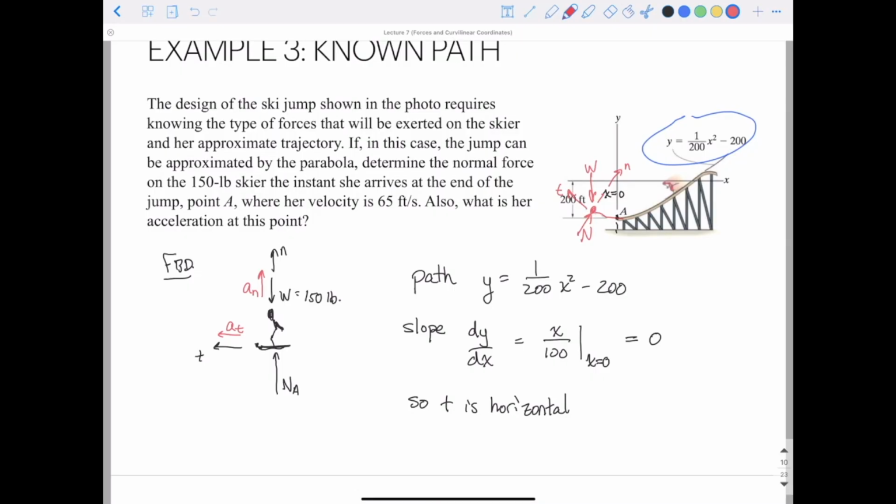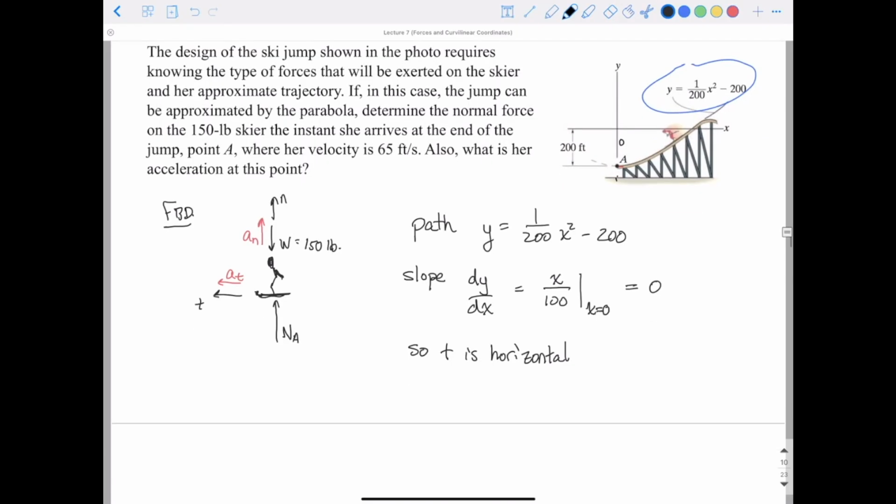No, that actually makes sense. Thank you. We only needed to know the direction of the gravitational force. And because it's right at the bottom, it works out quite conveniently that we don't have to worry about any angles. So we have T in the horizontal direction, N is vertical.